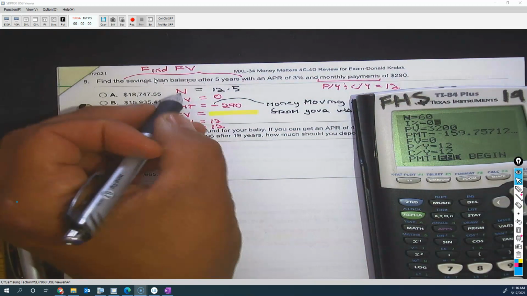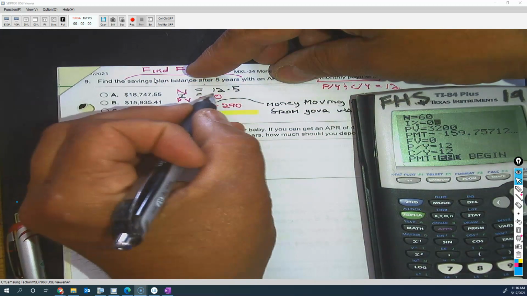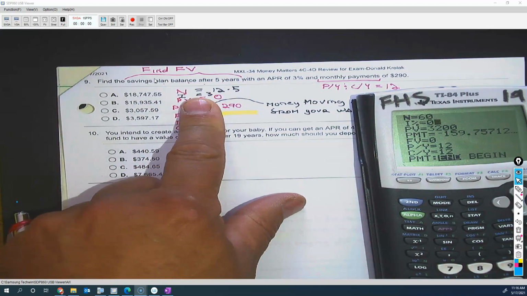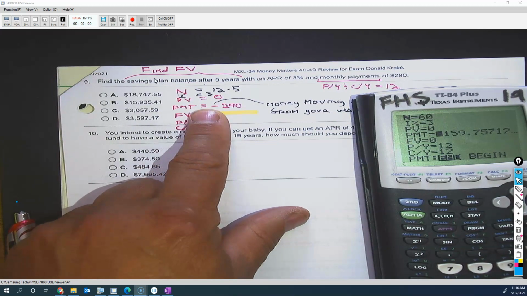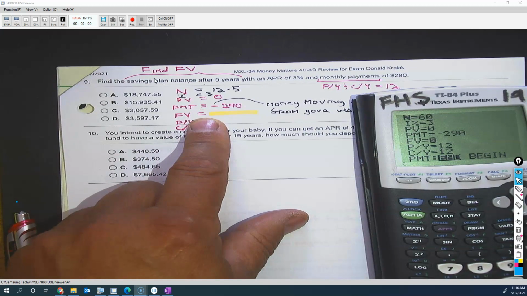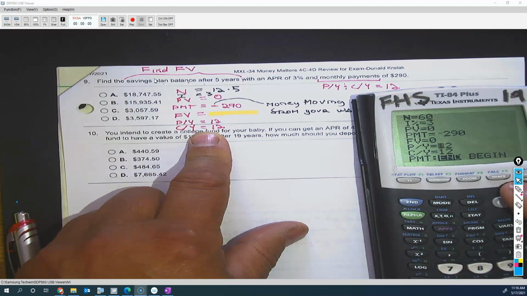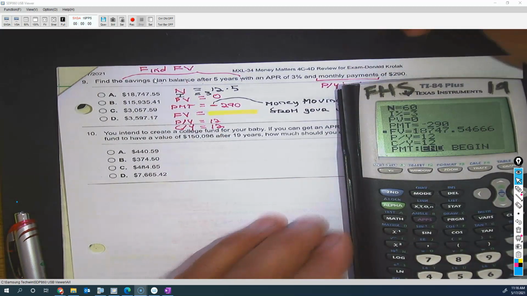Interest is 3. Squeeze it in there. Okay. PV 0. Payments negative 290. 12, 12. Second, alpha, enter. So I don't end up with 18,000.